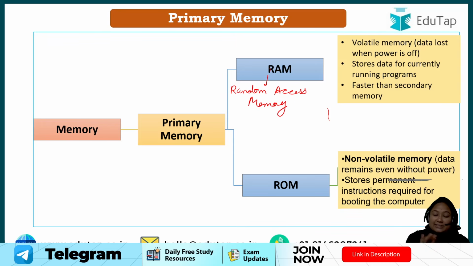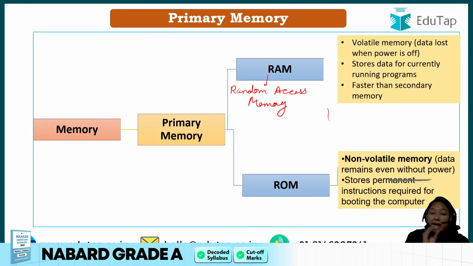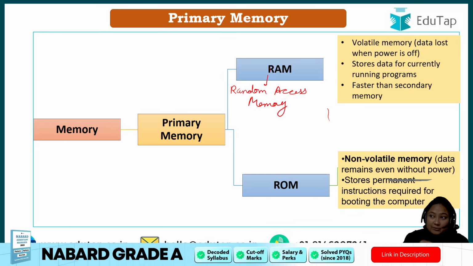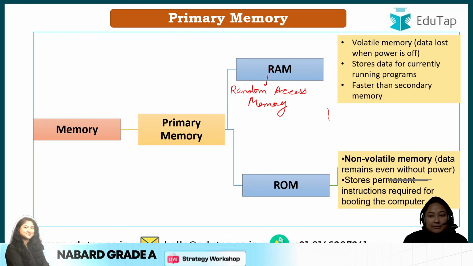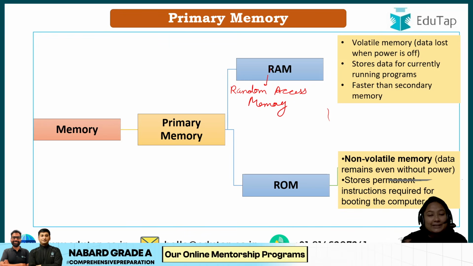That is because for the while the file was open, the data was stored in the random access memory, or RAM. Since it was not saved in the secondary memory, when the power is cut, the data will be gone. So when you are running a program, the data is stored in the RAM. It is faster than the secondary memory.